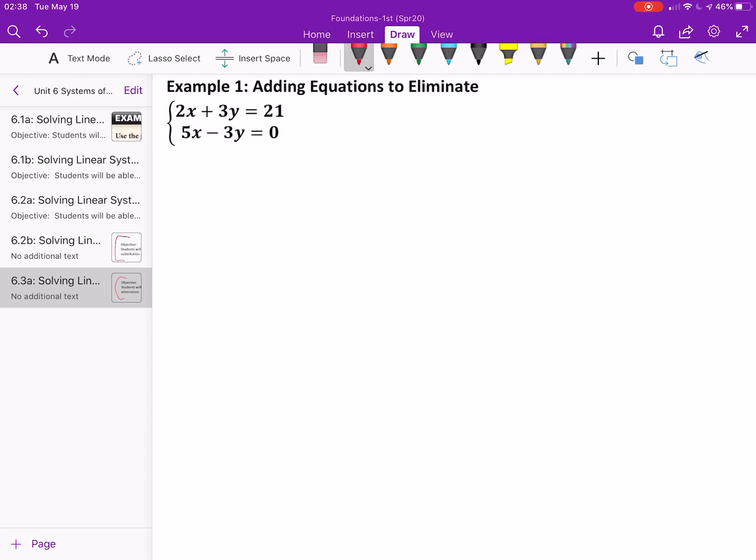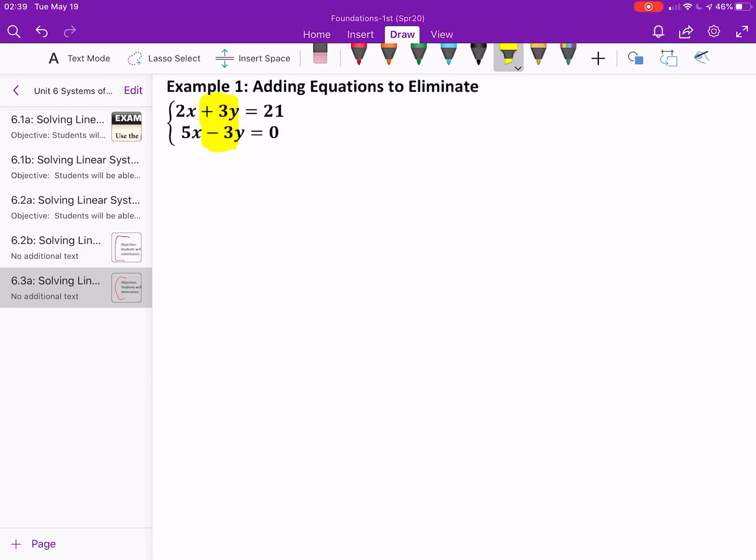And so we've got 2x plus 3y is equal to 21. That's our first line, our first equation. And our second equation is 5x minus 3y is equal to 0. And so the goal of elimination is to get one of the variables to eliminate. And so what we're going to be doing is we want to have the x's lined up, we want to have the y's lined up, and we want to have the constants lined up.